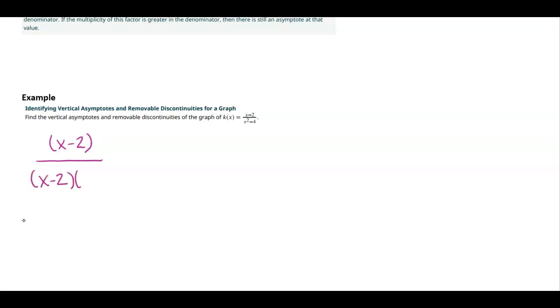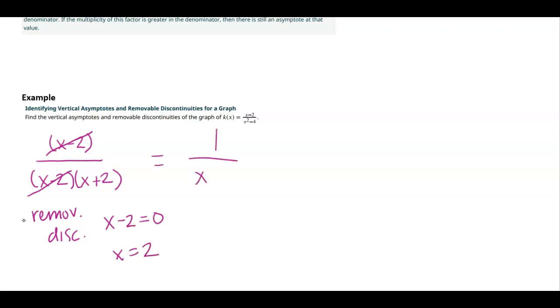I'm going to factor x squared minus 4 into the difference x minus 2 and the sum x plus 2, or into its conjugate pairs. Notice that I have a common factor in the numerator and the denominator. Therefore, I have a removable discontinuity when x minus 2 equals 0, or at x equals 2.